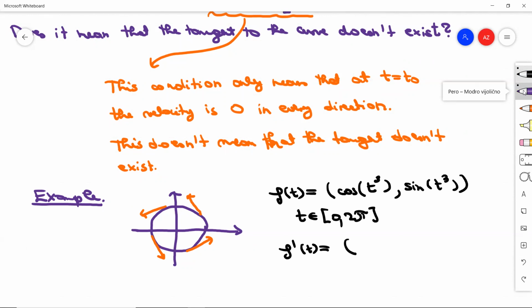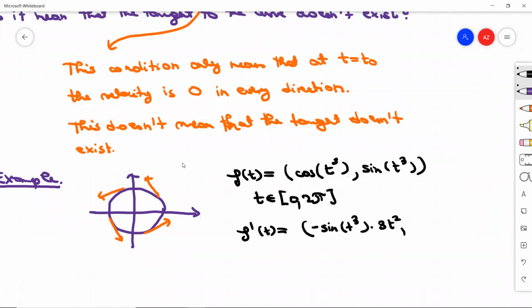In the first coordinate, we get minus sine t cubed times 3t squared, and on the other coordinate, cosine t cubed times 3t squared.